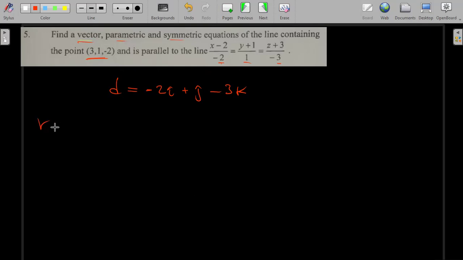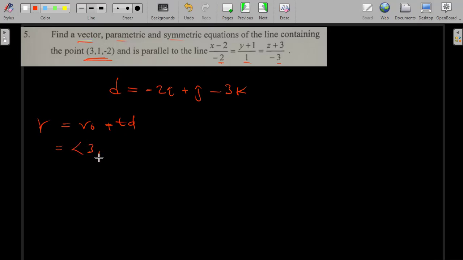So according to how the formula is, r of t, which is my vector equation, is r naught plus t d, and d I found is my direction. My r naught is already given because I have that point there.